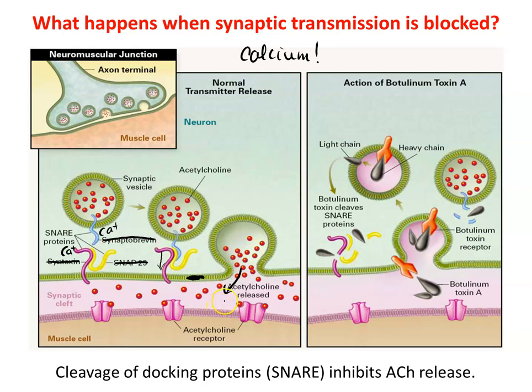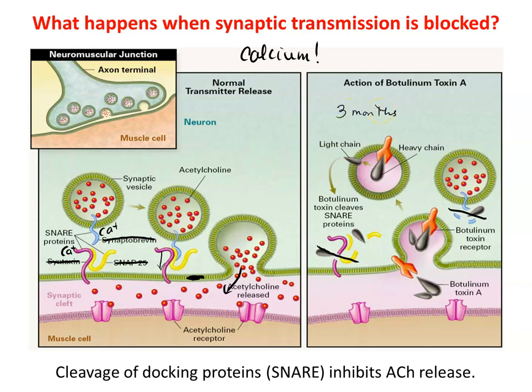Now, how does Botox stop acetylcholine release? Look what it does. Botox cleaves your snare proteins. It chops them off. You don't have them. That's what happens. But guess what? Your snare proteins will grow back in 3 months.